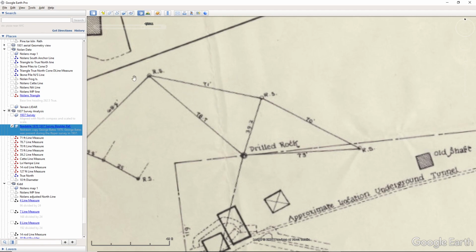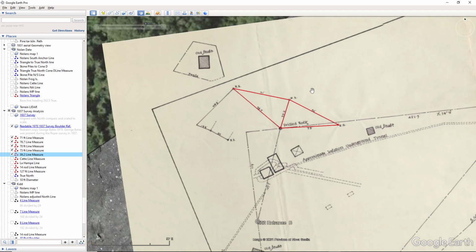So now I can understand the real angle that is coming off of these triangles, and I can measure them, and I can put lines, and I can measure these lines on Google Earth so that I know that they're accurate. So we got this right here going along the same path as the 1937 survey.